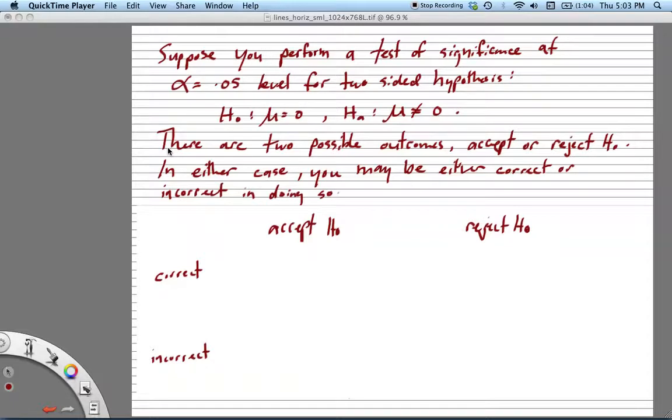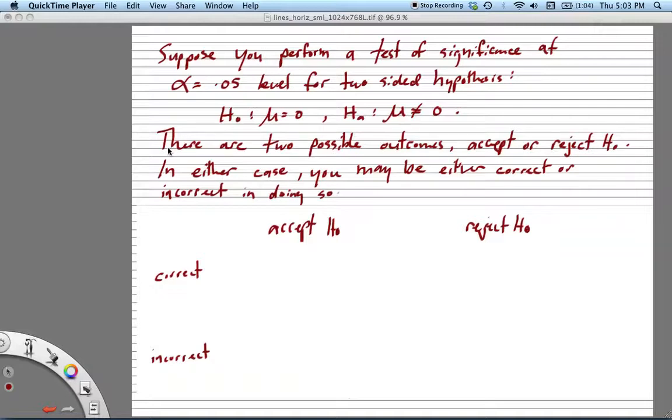Okay. So there are two possible outcomes when you do this test of significance. At the end of it, you're either going to decide, based on the p-value that you acquire, to accept the null hypothesis, or you're going to reject the null hypothesis.